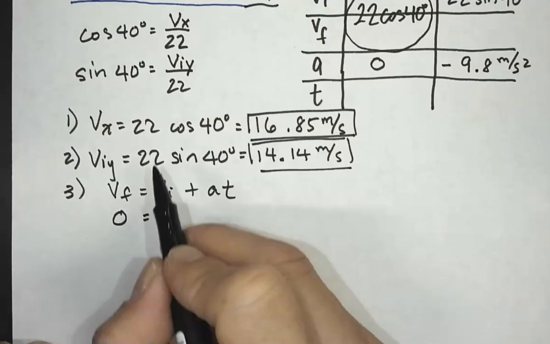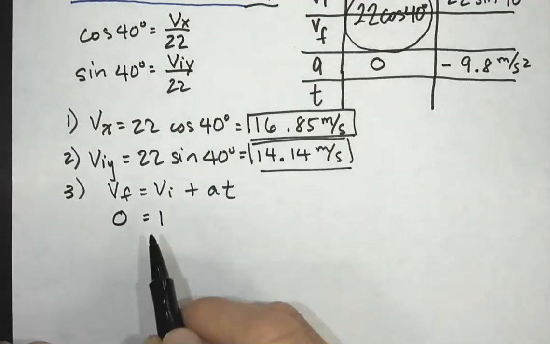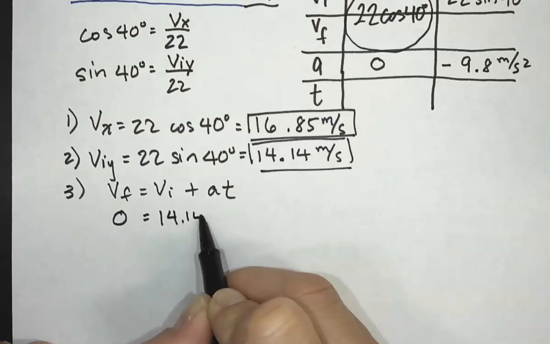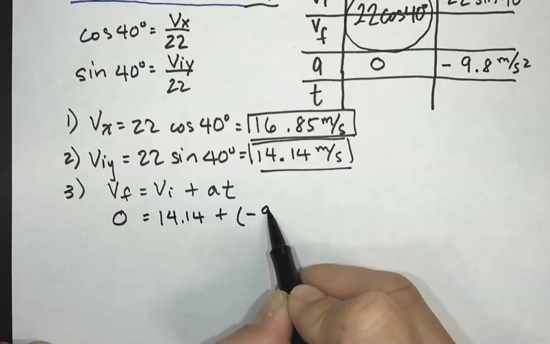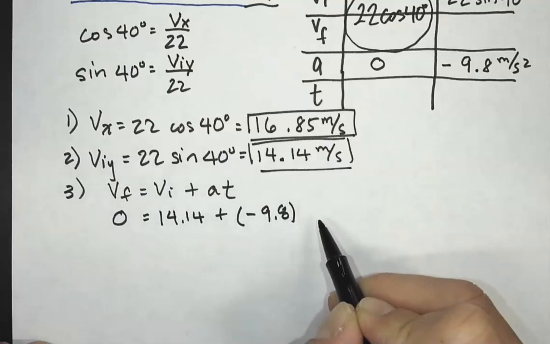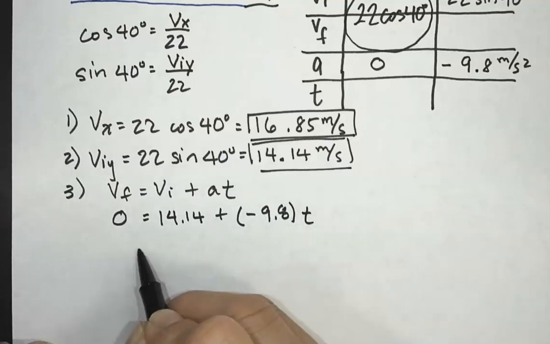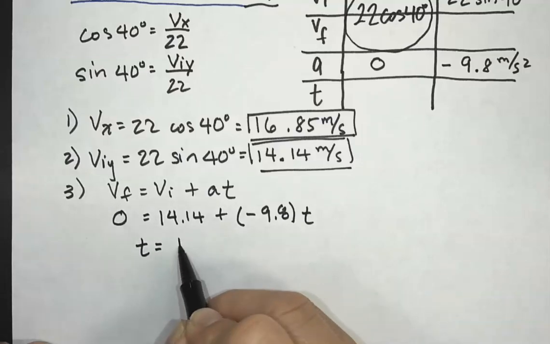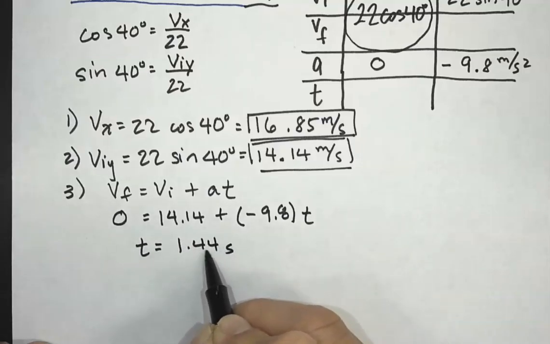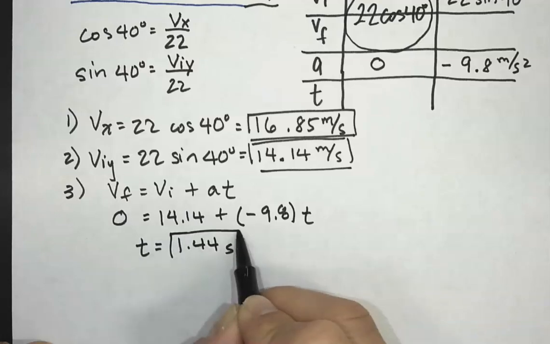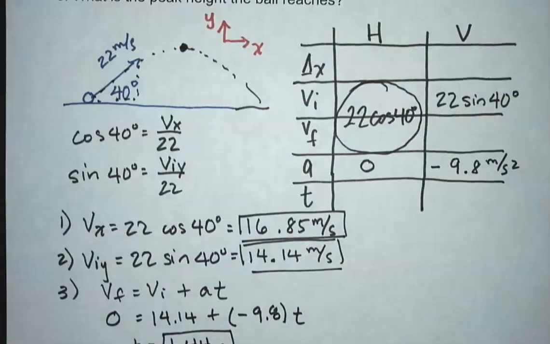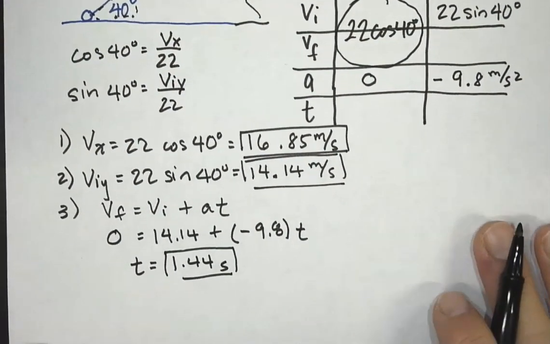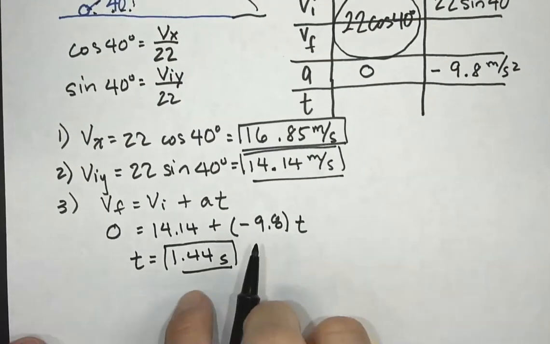The initial velocity I've calculated in the vertical direction is 14.14, and the acceleration is negative 9.8, and I'm solving for the time. If I calculate the time, I get 1.44 seconds, and that's the time to reach the peak. Now, the next question is, what is the total time? So the total time will be taking this number times 2.